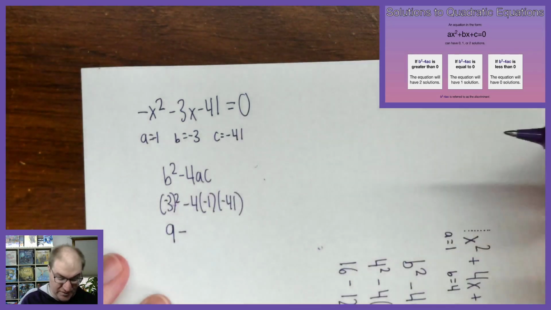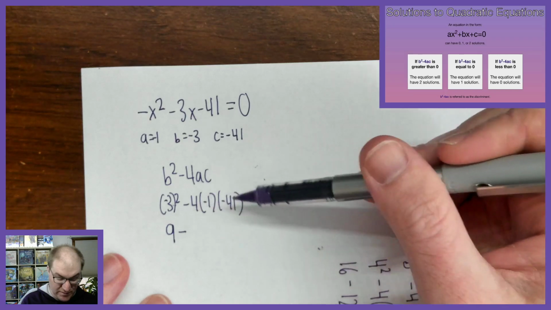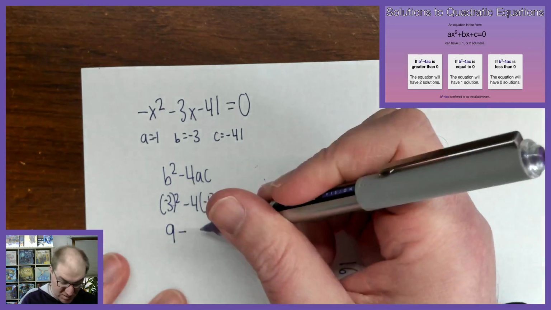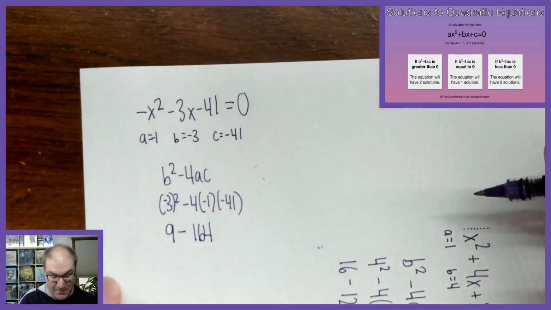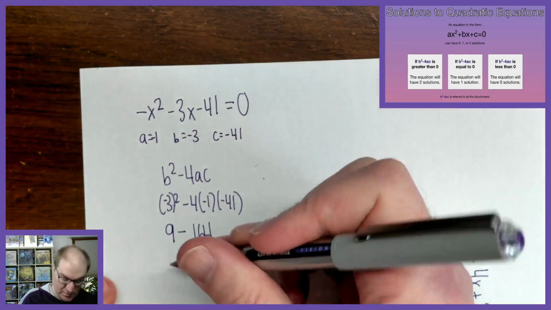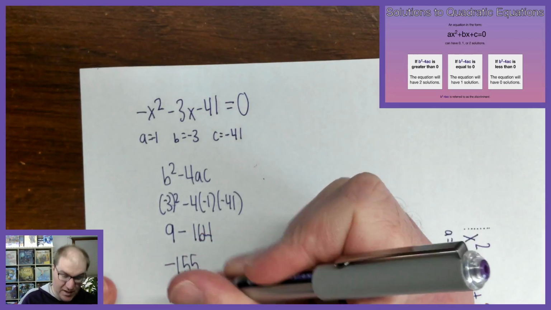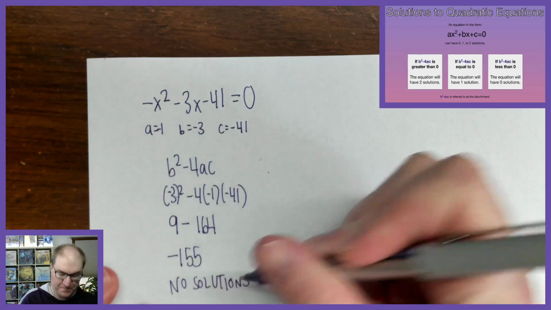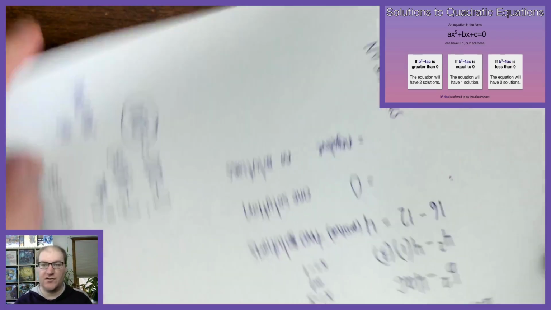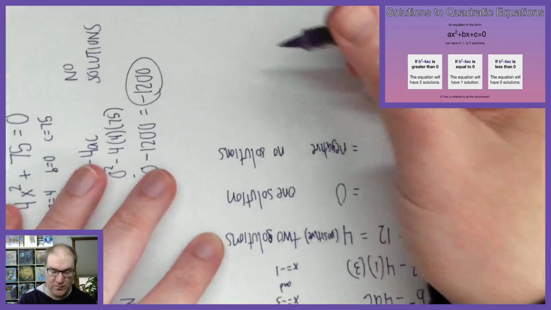This is going to be a negative answer, and a pretty big negative number, too. 41 times 4 is 164. So it'll be negative 164. And 9 minus 164 is negative 155. So this has no solutions.